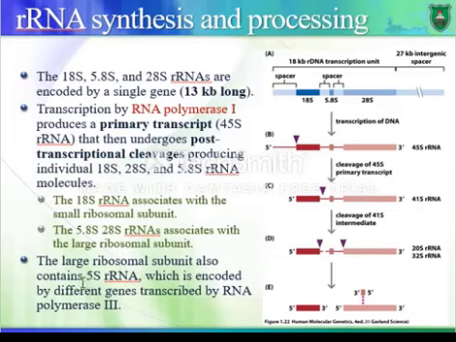And actually, the 5S ribosomal RNA is encoded by different genes transcribed by RNA polymerase 3. As you can see here, this is the synthesis and processing of ribosomal RNA in our cells.